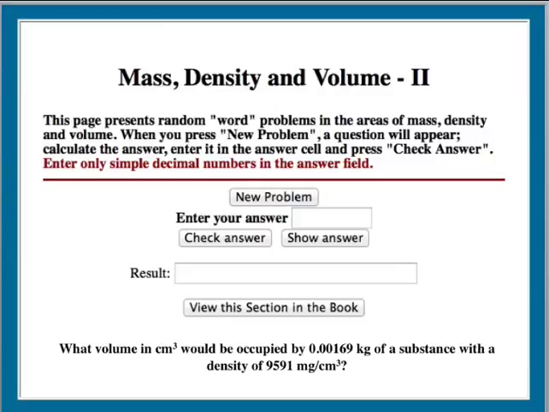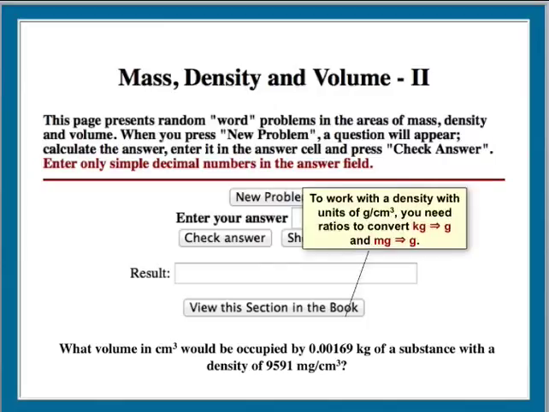We have so many kilograms of a substance, and our density is 95 milligrams, or 99,591 milligrams per cubic centimeter. Remember that these numbers come out strange like this sometimes because this is algorithmic. Every time you work this, you get a different problem. It makes up numbers as it goes along. So you will get a strange mix of units and whatever.